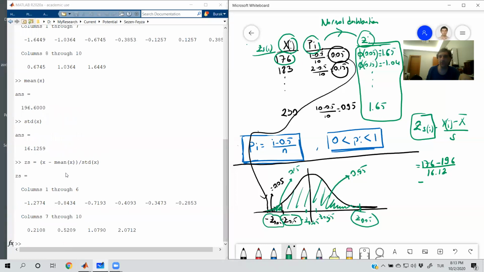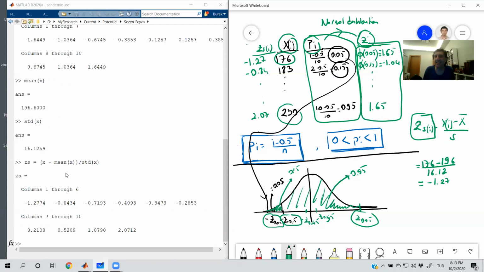So this value is going to be, for instance, minus 1.27. So these values are going to be converted as minus 1.27, minus 0.84, and up to 2.07 here. Note that these Z values are determined from the quantiles, which are actually determined by the rank order of the Xi values.